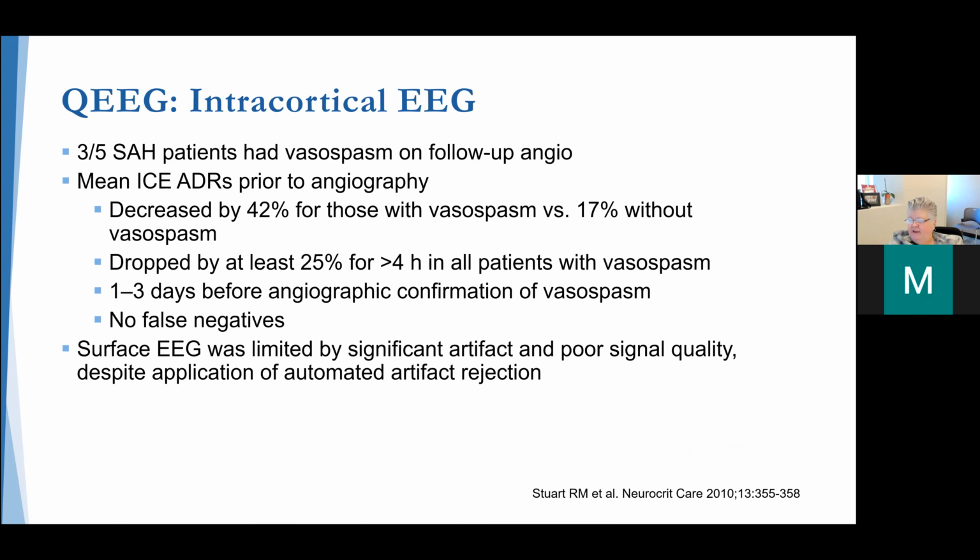And they saw that in 3 patients who had vasospasm, the mean intracranial alpha delta ratio decreased by 42% for those with vasospasm versus only 17% without. And that this intracortical EEG dropped by at least 25% for more than 4 hours in all patients who had vasospasm. So this invasive EEG may be more useful than raw EEG or scalp quantitative EEG.